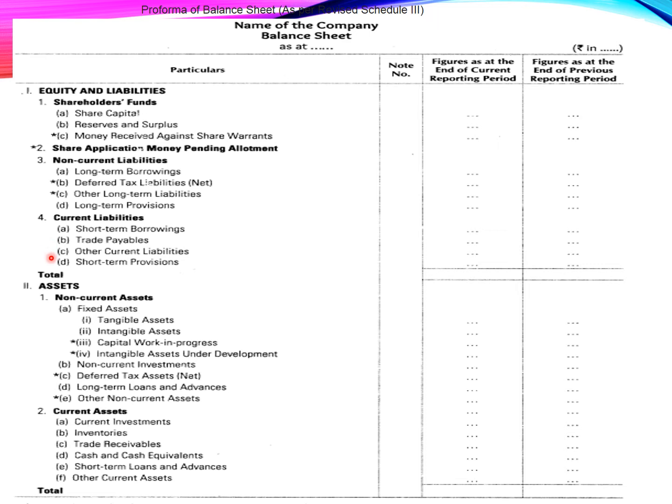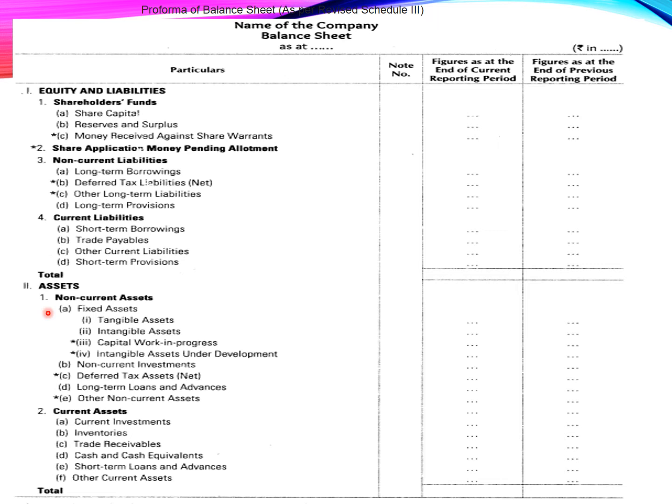Assets are broadly classified under 2 heads. First head is non-current assets. Non-current assets have total 5 subheadings. First subheading is fixed asset, which further is split under 4 categories: tangible assets, intangible assets, capital work in progress, intangible assets under development.